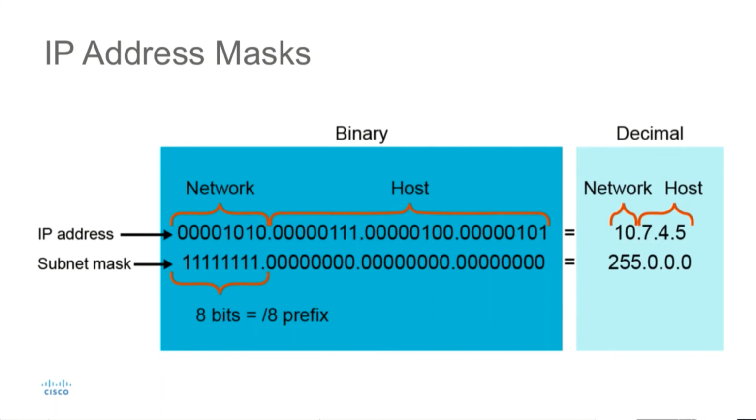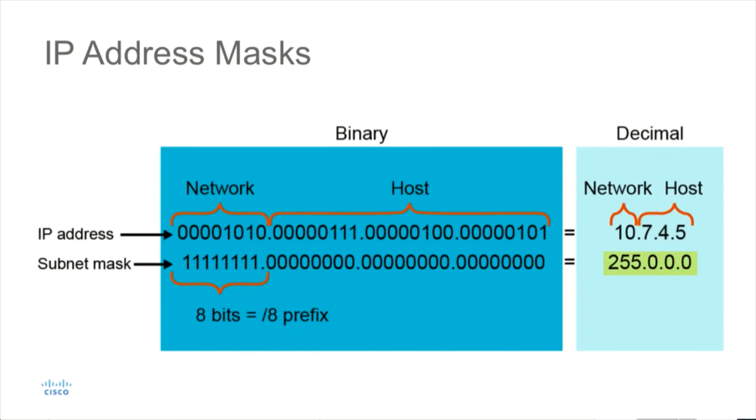All of the bits that are set to 0 in the subnet mask, those corresponding bits in the IP address, are host bits. Therefore, when we convert this binary value to decimal, the 10 portion of the IP address is the network ID, and the 7.4.5 portion of the decimal value of this address is the host side, or the host portion of the address.